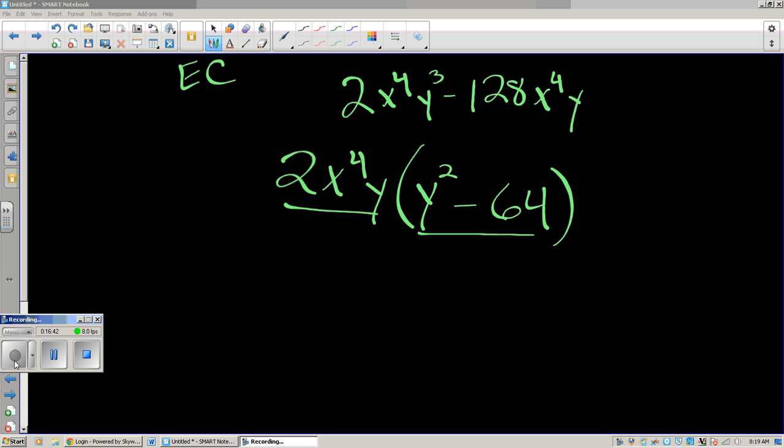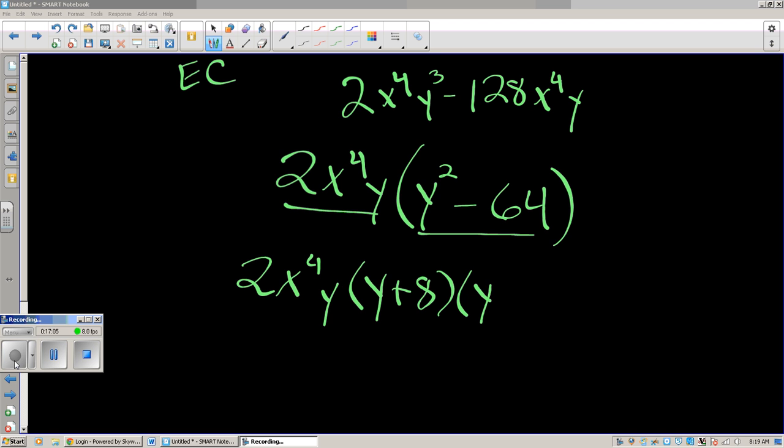It is the difference of two perfect squares, but what I'm really saying is look for those perfect squares. 64s, the 25s, the 49s, the 81s, the 144s, any of those perfect squares that come up, look for those. So then I've got 2x to the fourth y times y plus 8 times y minus 8, because it's a plus b times a minus b.